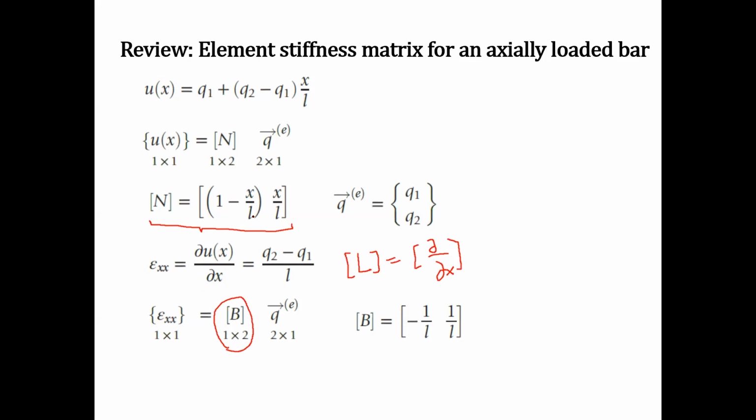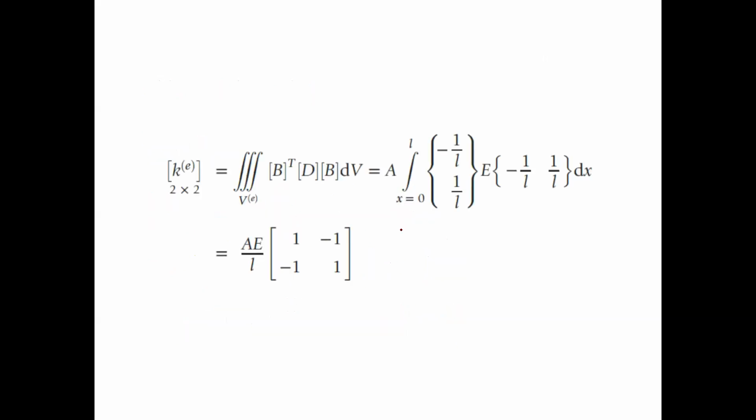So take a derivative of this with respect to x, you get b, which is minus 1 over l and 1 over l. और उसके बाद all you have to do is plug in the b from the last slide. जो dv है, that is just equal to a multiplied by dx, और जो matrix d है, that is just equal to modulus of elasticity, Young's modulus E. ठीक है? And there's really not much of an integration to be done here, honestly.